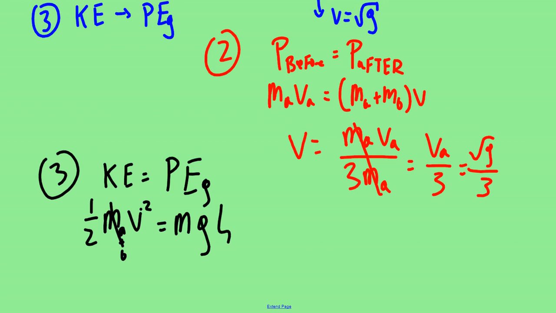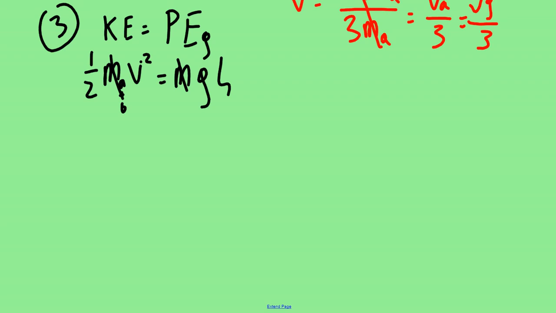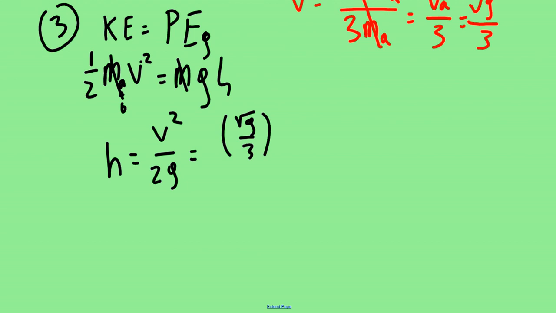Regardless, it doesn't matter. The masses cancel out. Again, when an object's going up in the air and gravity's decelerating it, gravity doesn't care what the mass is. And so solving for h, we get that h is v squared divided by 2g. Recall that our velocity was the square root of gravity divided by 3.